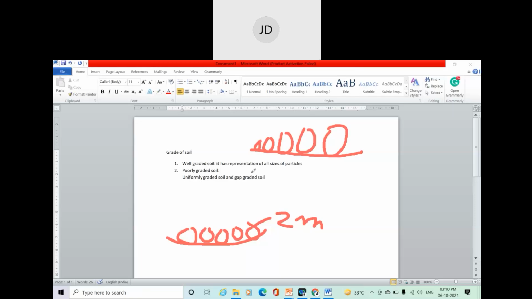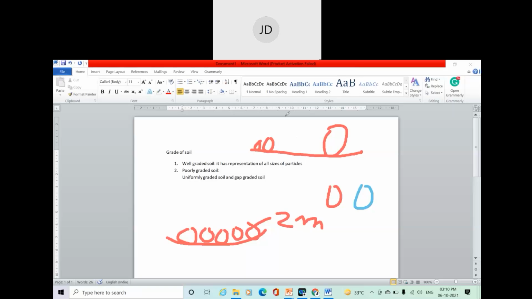Now what is gap graded soil? Gap graded soil is just like well graded soil, but the basic difference is that in gap graded soil certain sizes are missing. Suppose these represent well graded soil, and if I take away these two sizes, that means there is a gap between these two. So we can say this represents gap graded soil.